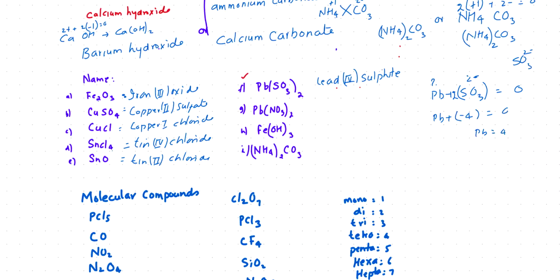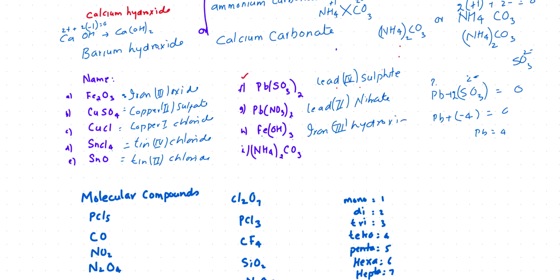Okay. So here Pb(NO3) whole twice. So lead valency is 2 here. So it is lead 2 nitrate. Fe(OH) whole thrice. So Fe valency is 3 here. So iron 3 hydroxide. NH4 whole twice CO3.